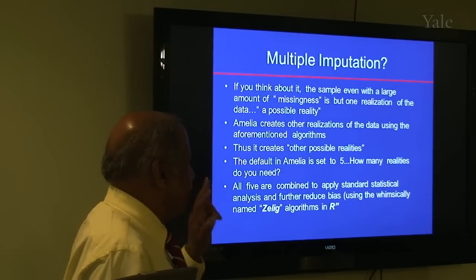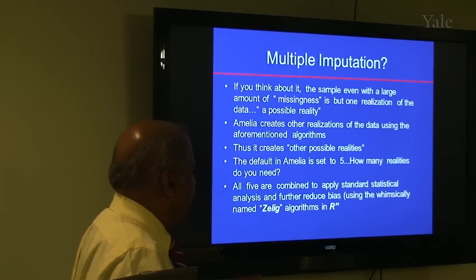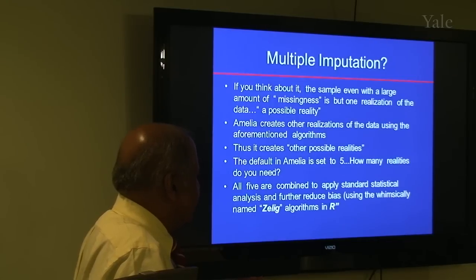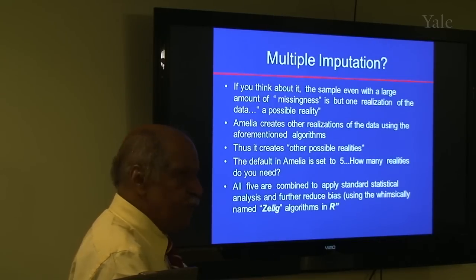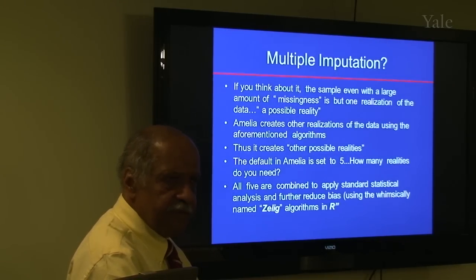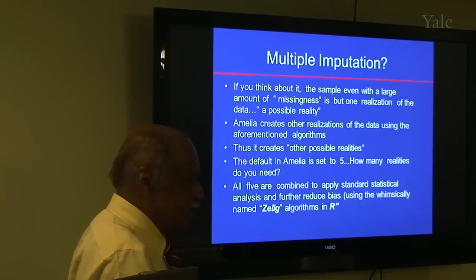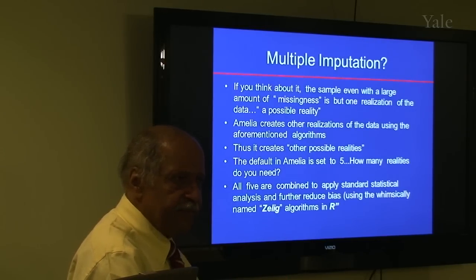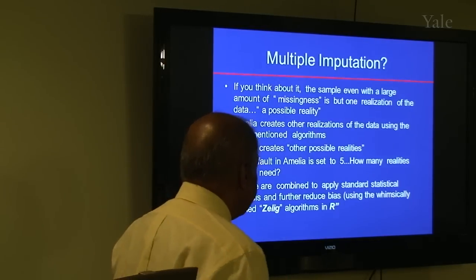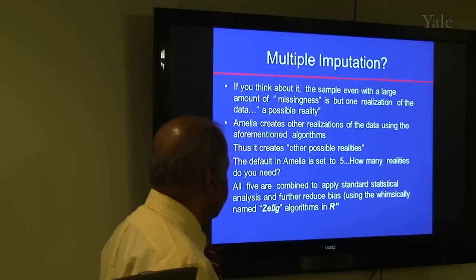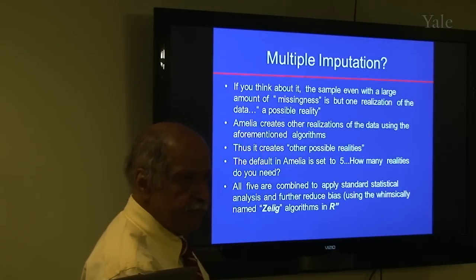If you think about it, a sample, even a large one, even with a large amount of missingness, is basically one realization of the data, a sort of possible reality. And Amelia creates other realizations of the data using the aforementioned algorithms.